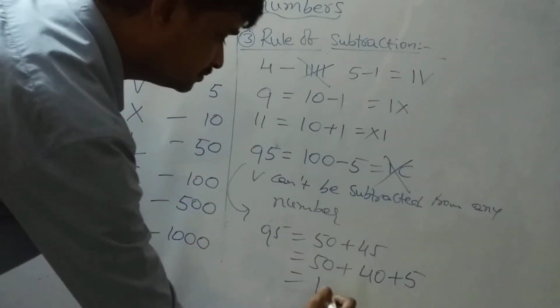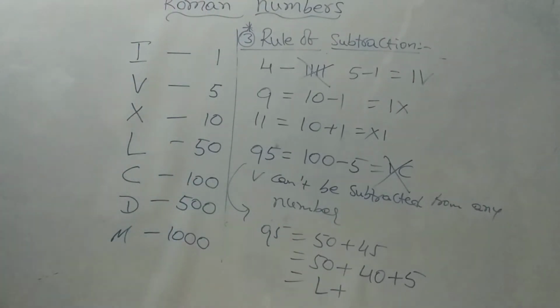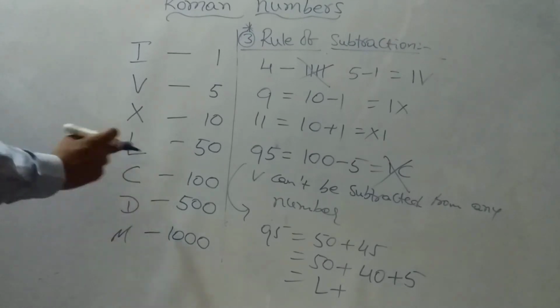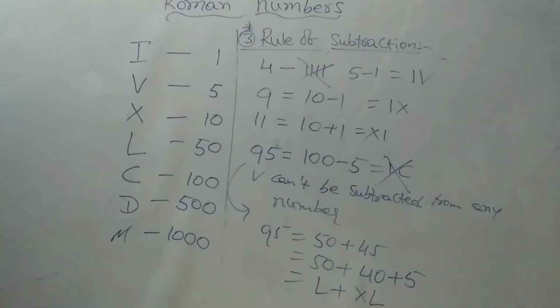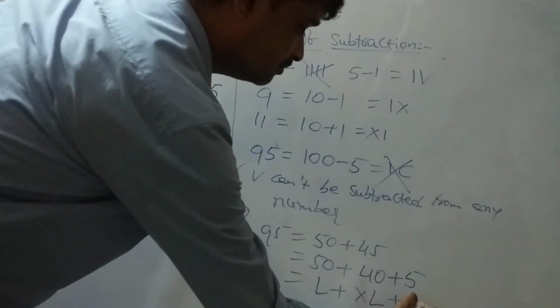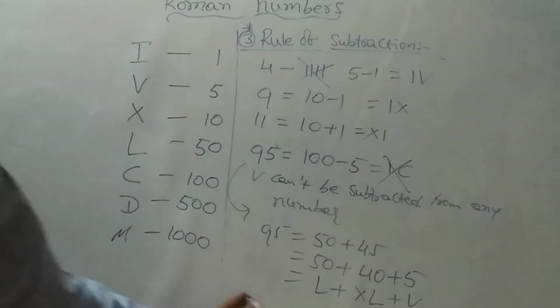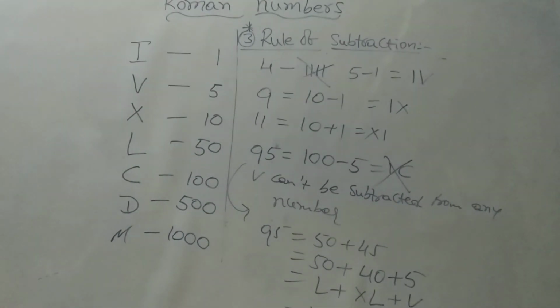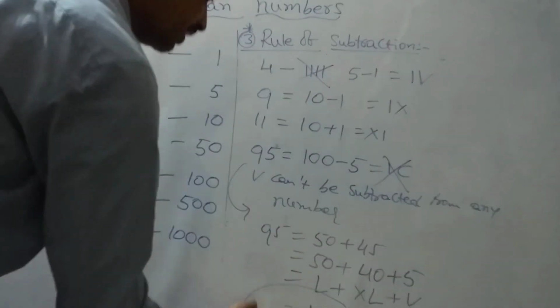L. How to write 40? XL. Plus 5, V. Means L, XL, V. 95 means XCV.